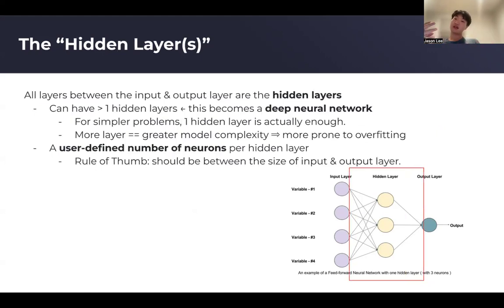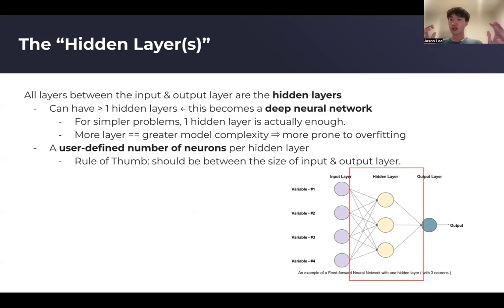The magic in neural networks happens sort of in the middle, right? With these hidden layers. And we can have more than one hidden layer. And in that case, we're going to have a deep neural network. Although in most cases, actually, one hidden layer is enough, right? For simpler problems, one hidden layer usually encodes most of the information we need to solve the task at hand.